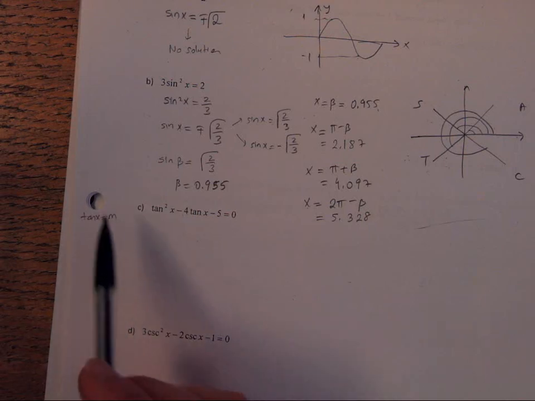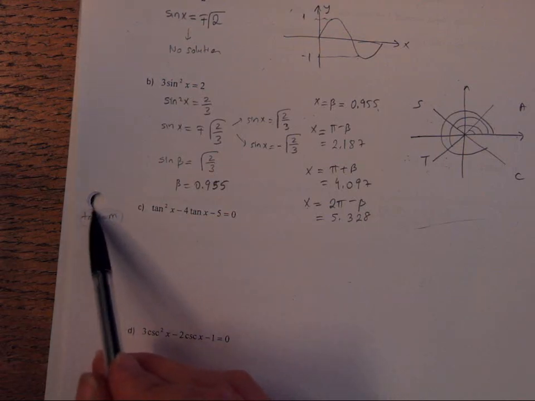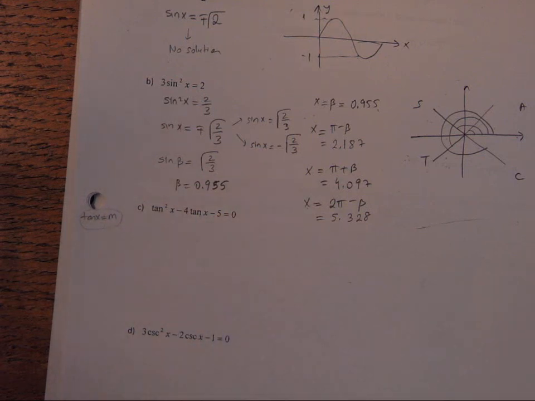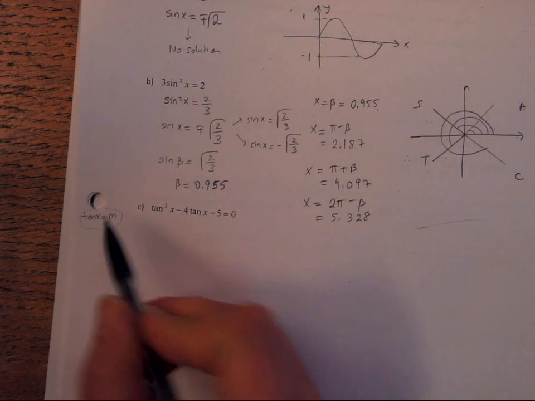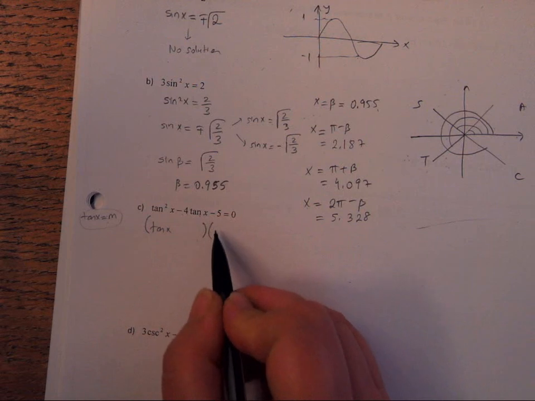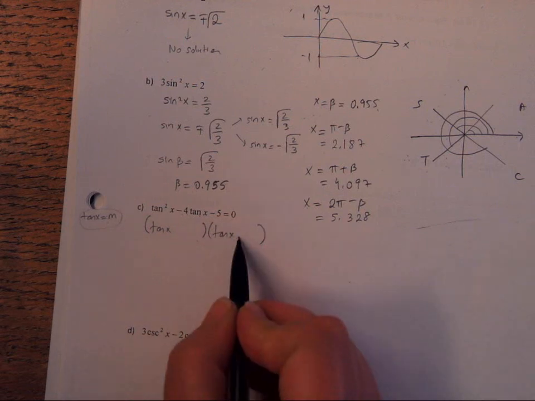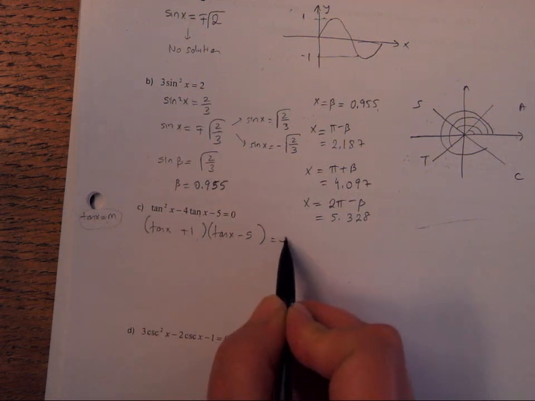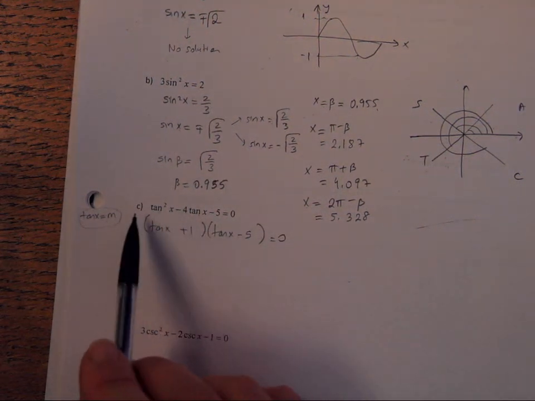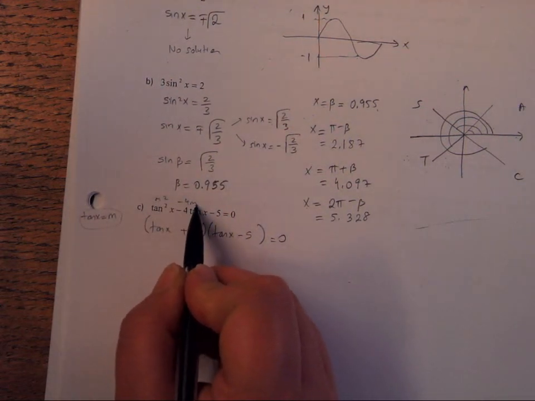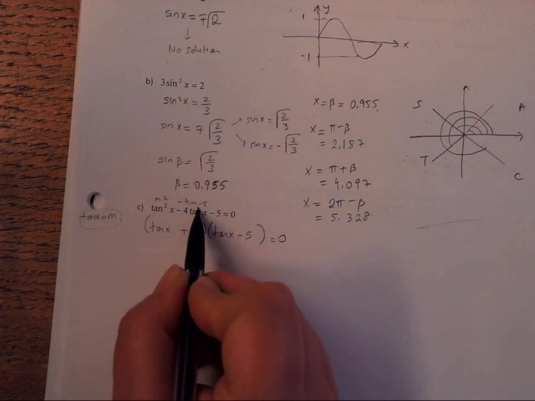You can change the variable, or if you can see it, you can factor it directly, so you don't have to change the variable here. So I'm going to do that. Tangent x, we need to put negative 5 here and positive 1 here. If it is harder to see, think of it in terms of m square minus 4m minus 5, factor it, and replace m back with tangent x at the end.